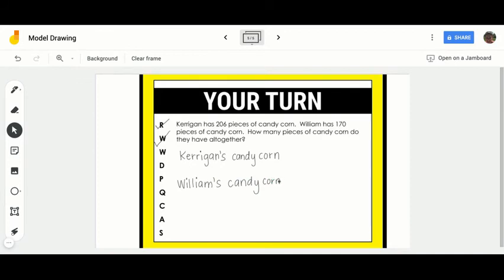All right, so go ahead and write those right next to their names. And after you have it written down, check mark our second W because we have our what.